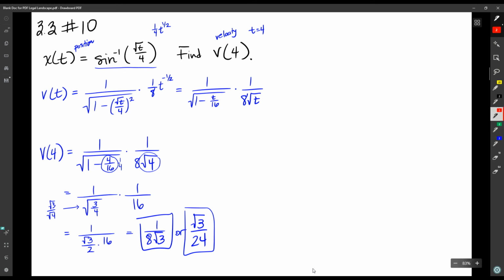But we can simplify this derivative back up to the velocity function a little bit differently. If we look at the denominator of the first fraction, the root 1 minus t over 16, and put the 1 minus t over 16 together, so we're thinking of the 1 as a 16 over a 16. I'll make a note of that here.